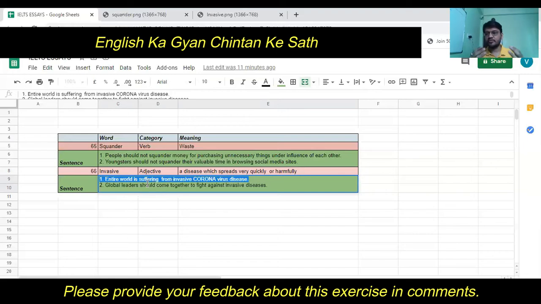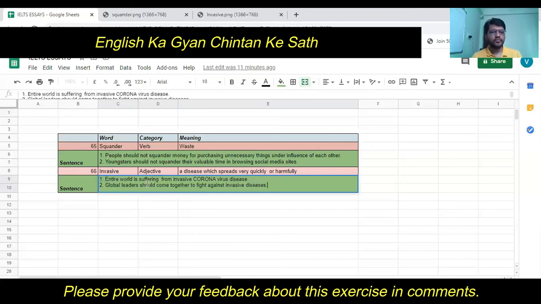Due to invasive cancer, so many people die in great quantity every year. So that is also one sentence. Due to invasive chikungunya disease, many countries have spent so much money to counter that particular disease. That can also be one sentence. So I hope you understand the meaning of the word invasive, and in which context it can be utilized.